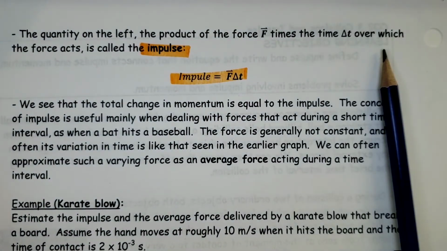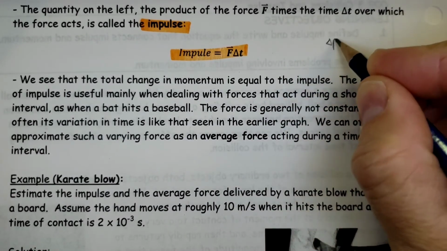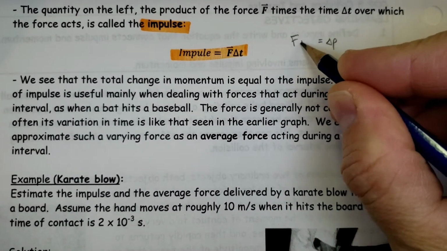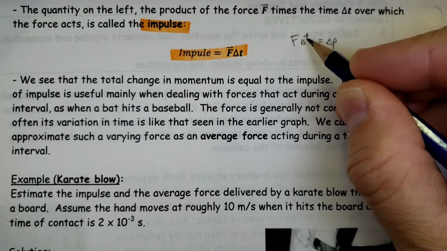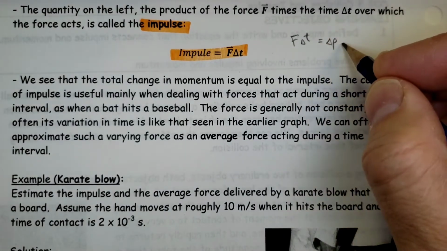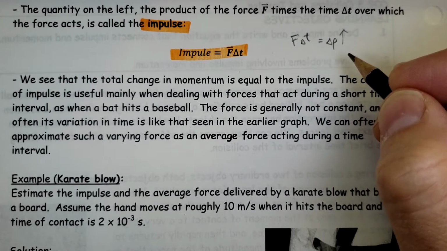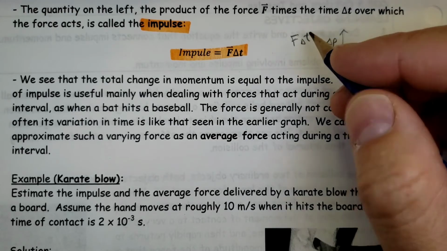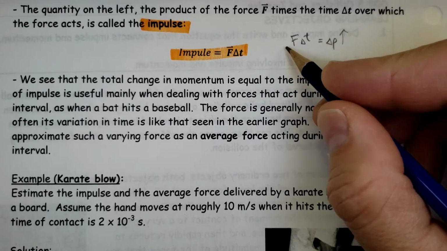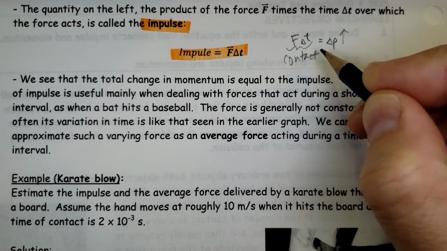To make a change in momentum in something, you have to exert a force, and you have to exert it over a time period. If you want to make a large change in momentum, like going from 0 velocity to some maximum, you want to maximize this. Think of it as the contact scenario.